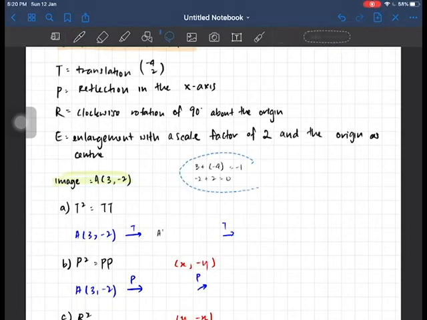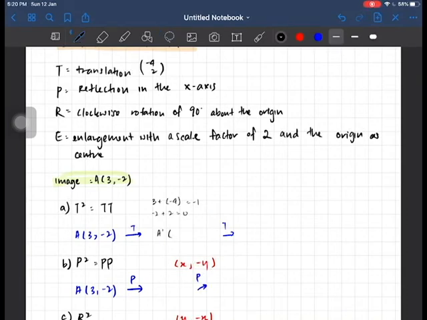Therefore, by using this, we can find our first image, which is -1 and 0. Right? So from -1, we're going to go another translation. So we'll add up. And we'll get -5. And 2, okay, 0 plus 2, 2. So this will be our coordinate of our final image.